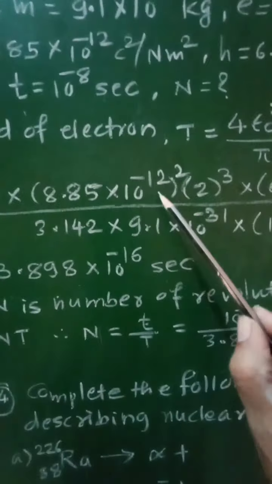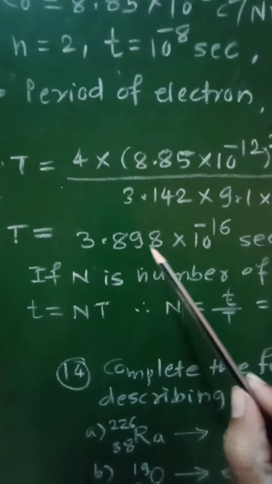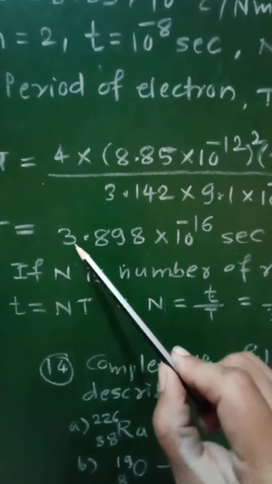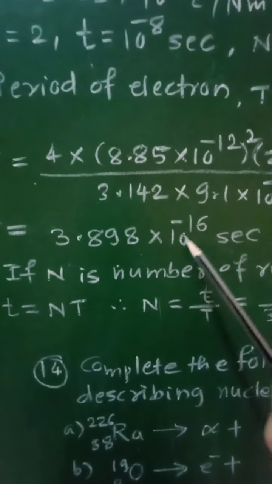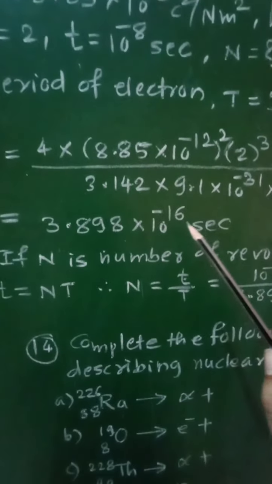And by solving all this we will get T is equal to 3.898 into 10 raised to minus 16 second. This is the period of revolution of the electron.